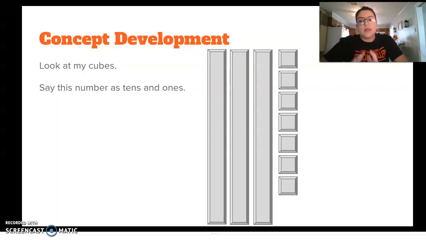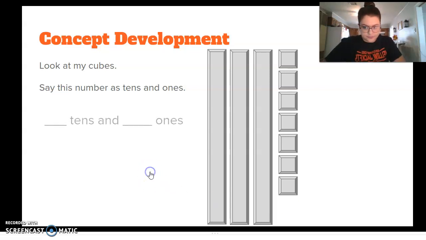If we move here to our concept development, look at the cubes I have on the screen. We're going to say this number as tens and ones. It wants us to break apart this number into tens and ones. How many tens do we have? 1, 2, 3. 3 tens. And how many ones?